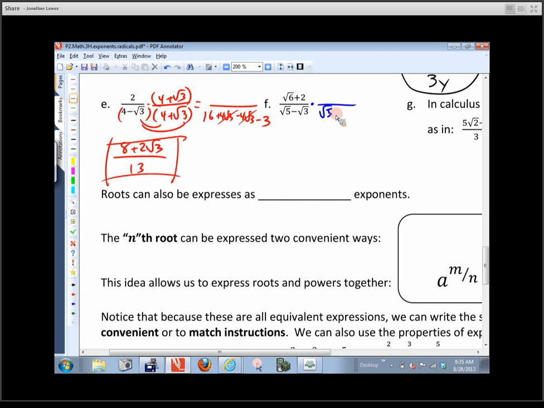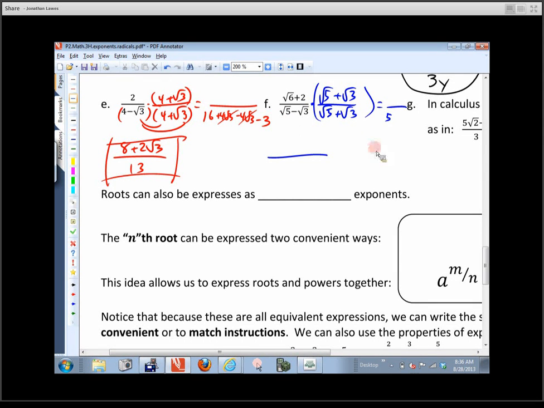Okay, what's the conjugate here? Radical 5 plus radical 3. And you have to multiply the top and bottom by the same thing. So that's what we're going to multiply by. And the cool part about this is you should be able to figure out what the denominator is without too much trouble, because it's always going to be a perfect square of the first one. What do you get when you square radical 5? 5.